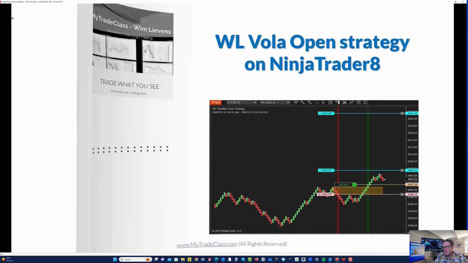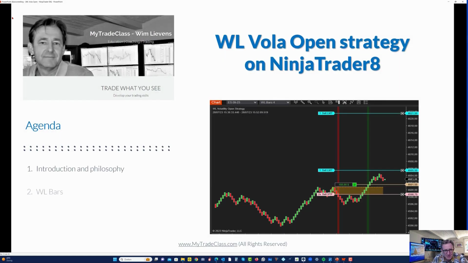It's not because the signals are better or the market will move faster. No, because I can manage risk substantially better. And you see here, NinjaTrader, you see very simple what you see on the chart here, so that you know what you're looking at. What you see in orange is the open range. Then you see a red bar and a green bar.